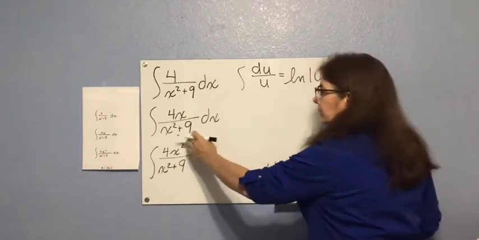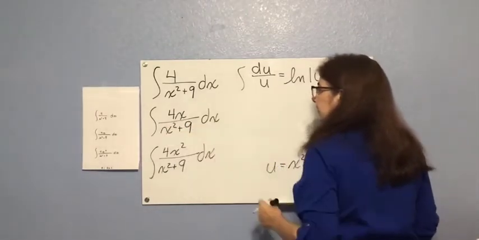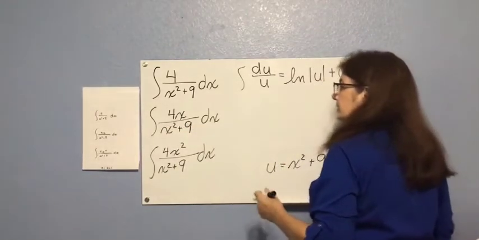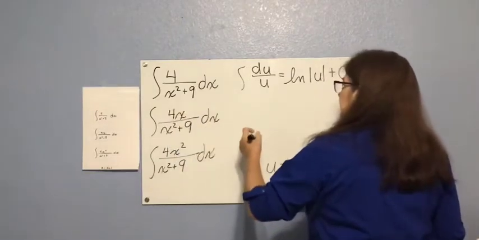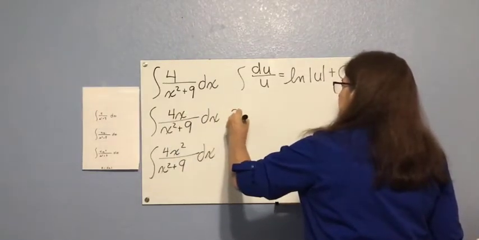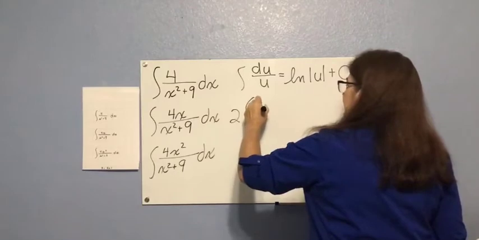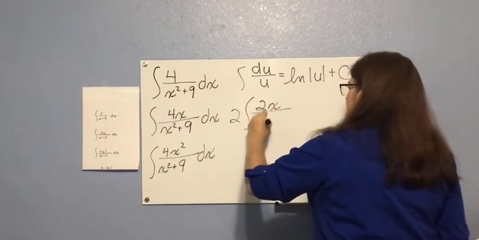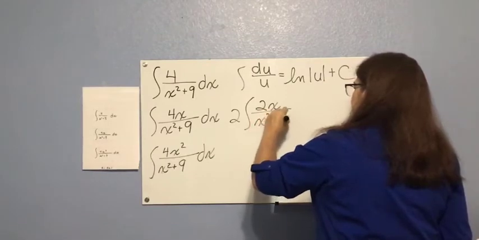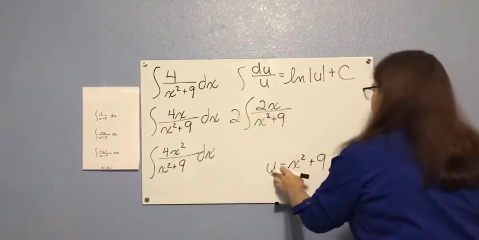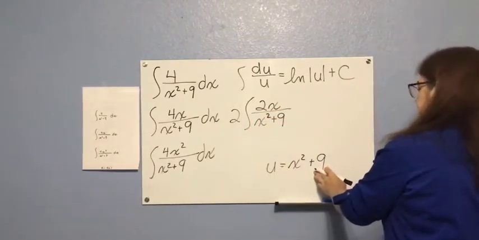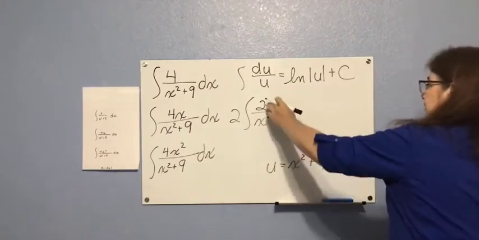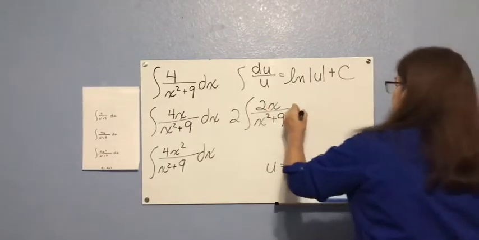When I look at this one, I can see that the derivative of x squared is going to be 2x. I've got 4x up there, so I'm going to take a 2 out, so that now I have 2x over x squared plus 9. I'm going to let u equal that x squared plus 9, and then the 2x will be du.